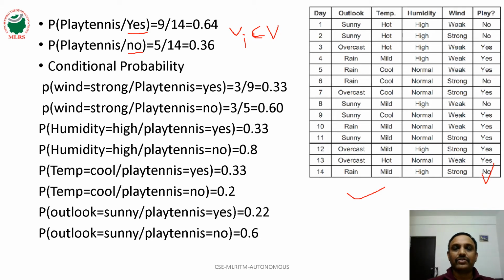Here a total of 14 training examples are present. Out of 14, 9 are yes, so 9 by 14, 0.64, is the probability of yes. Similarly, 5 no's are present, so 5 by 14, that is 0.36, is the probability of no.